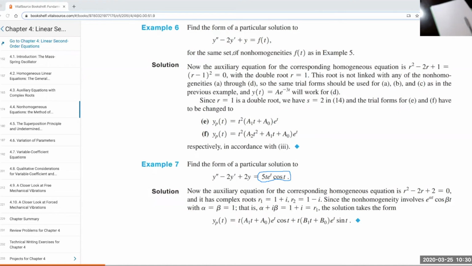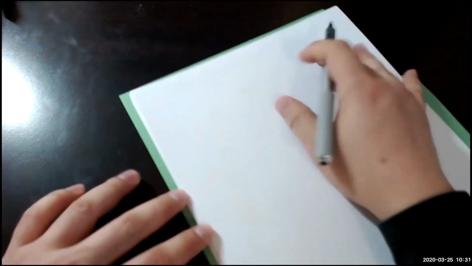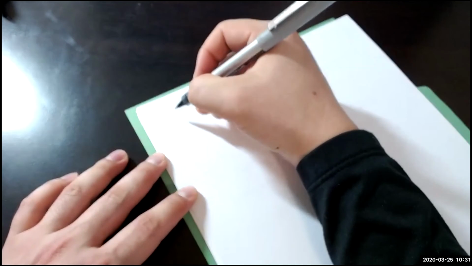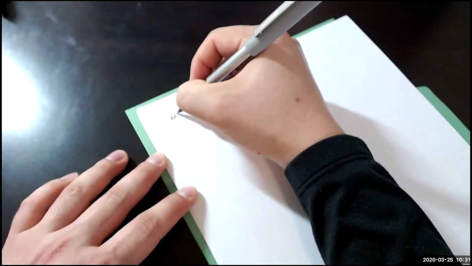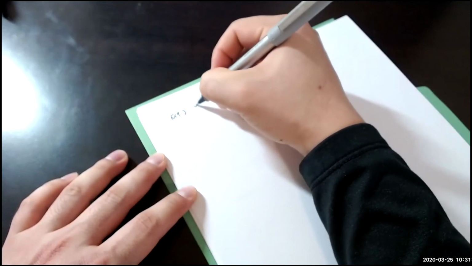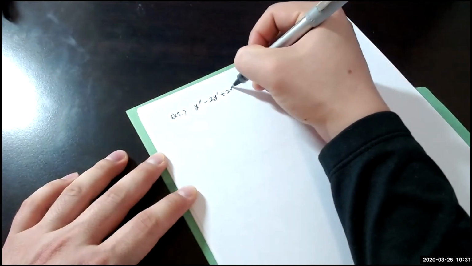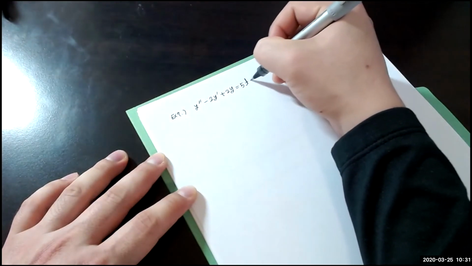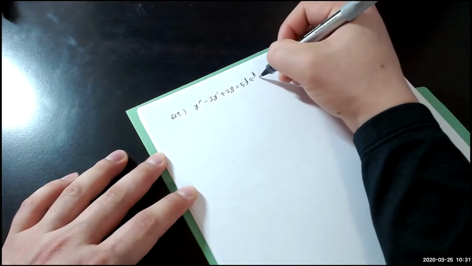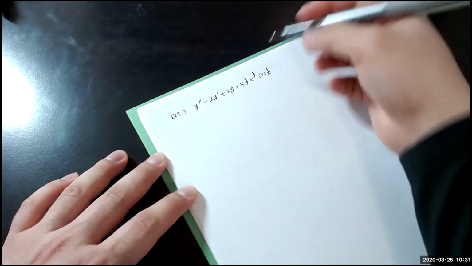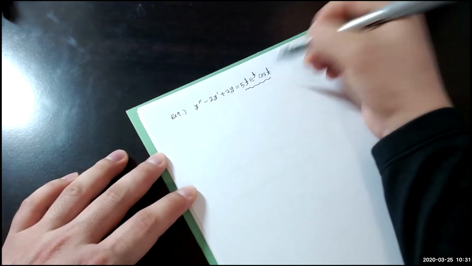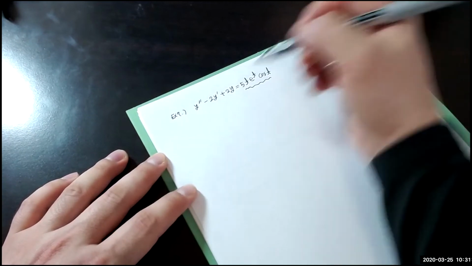Let me copy this problem in my scratch paper. So now example 7: y second derivative minus 2y prime plus 2y is equal to 5t e to the t cosine t. Right here. You see that here? So what we're going to do, step 1.